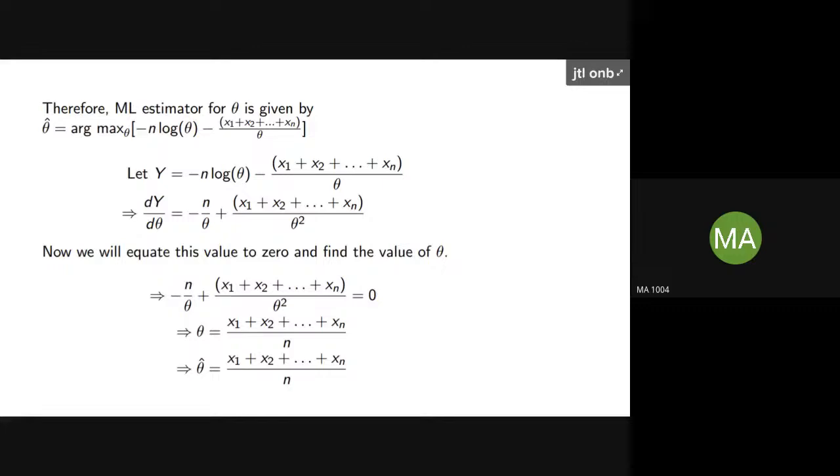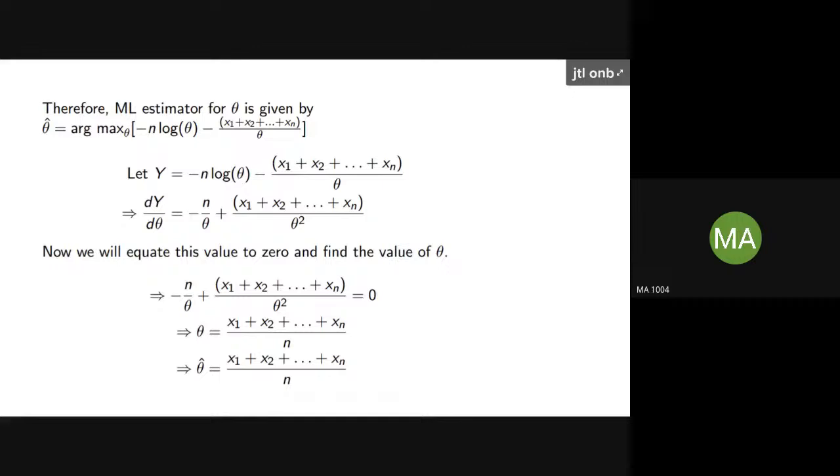So I get (x1 plus x2 to xn) divided by theta square minus n by theta equals 0. You just cross multiply, and you get theta equal to (x1 plus x2 to xn) divided by n.